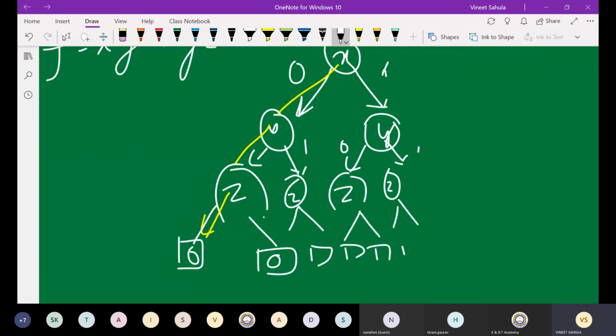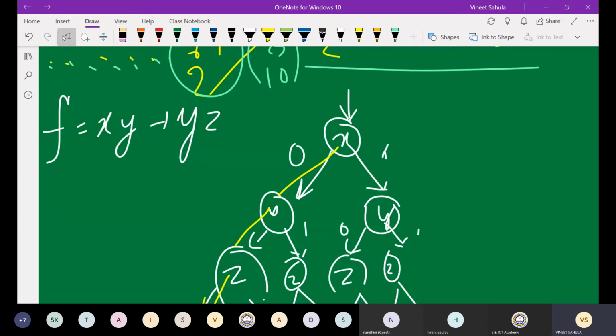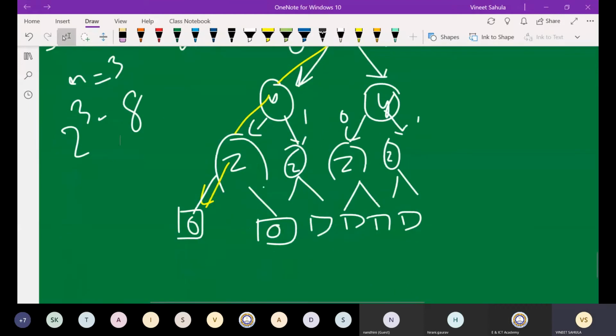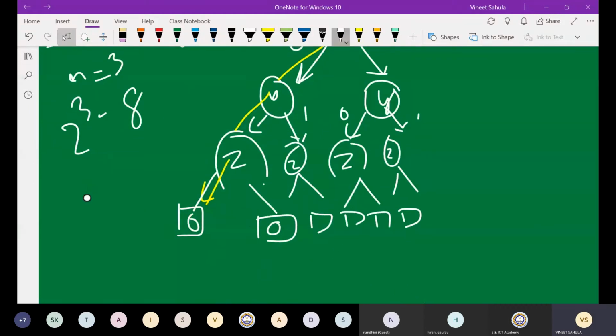And we represent them differently. So if it is a function of 3 variables, how many minterms? 8. So my tree will have 8 leaves here.